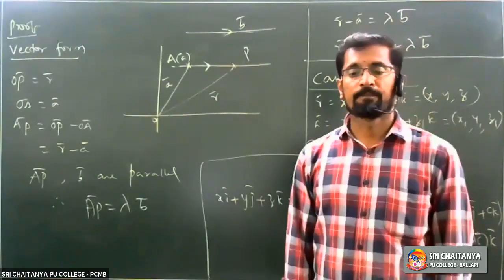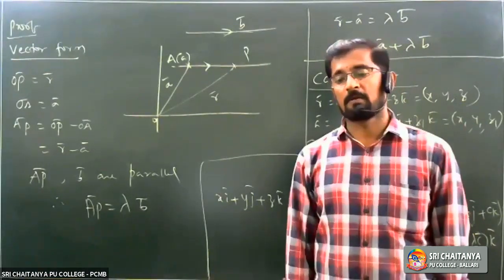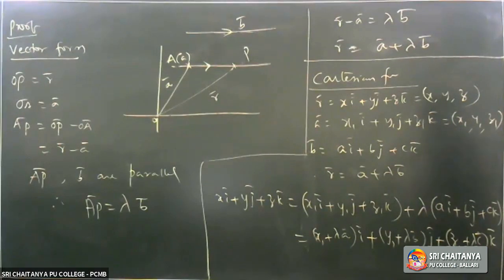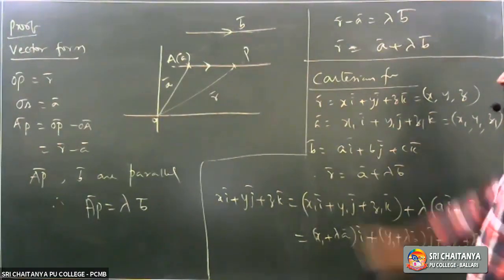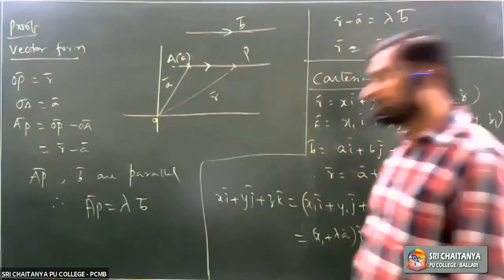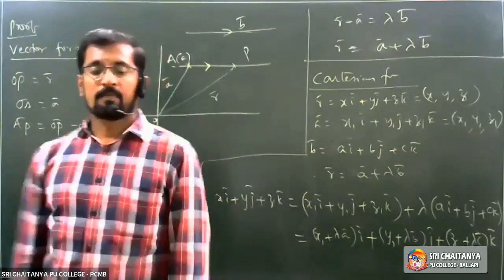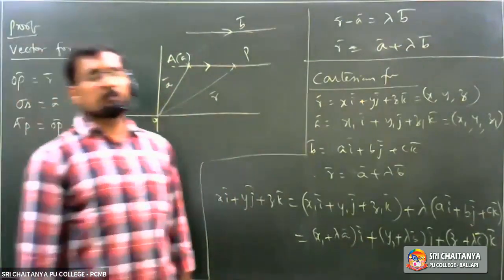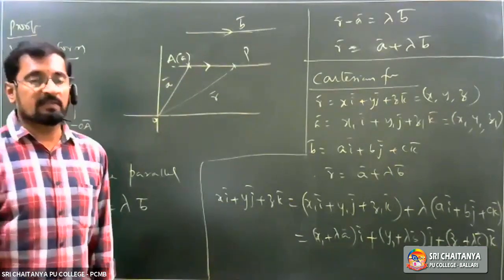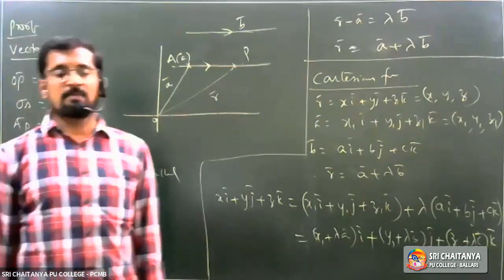Therefore, AP bar is equals to lambda into B bar. Therefore, R bar minus A bar is equals to lambda into B bar, where lambda is scalar, right? After that, R bar is equals to A bar plus lambda B bar.